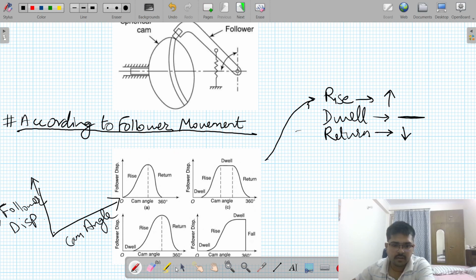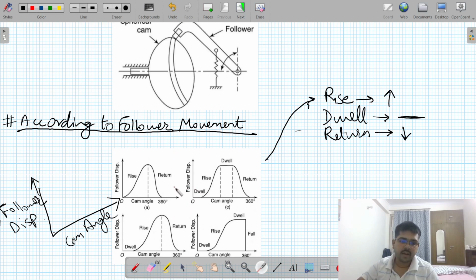As the cam angle goes from 0 to 360 degrees, the follower displaces like this. At 0 it is at the original position, and as the cam rotates it goes up and comes down. So this type of cam is called a rise return rise cam.